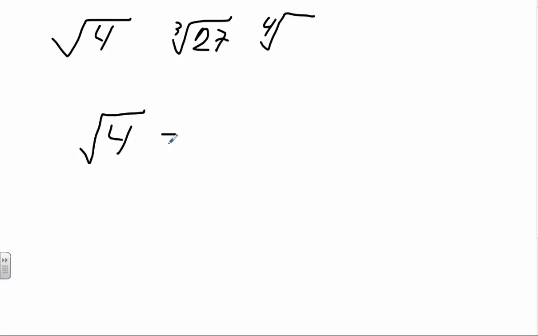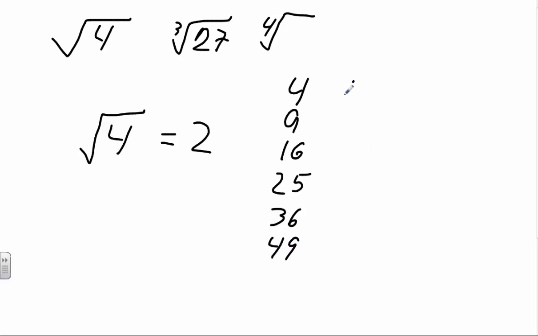A lot of you guys know that the square root of 4 is going to be 2, okay? Because really, the one thing you need to remember is all of the perfect squares, and I'll just do from 4 to 100. So it's 4, 9, 16, 25, 36, 49, 64, 81, then 100.